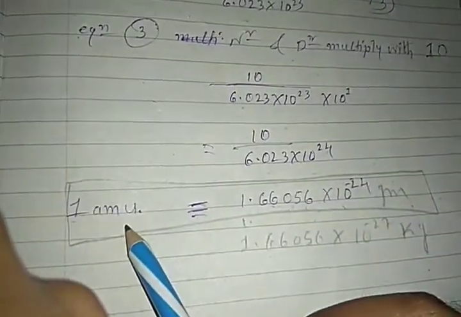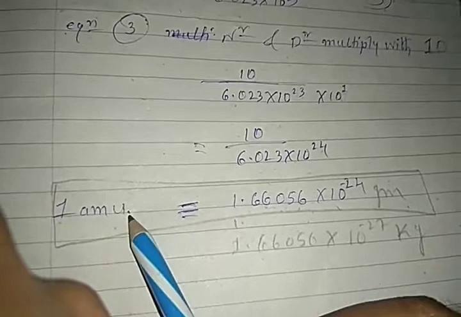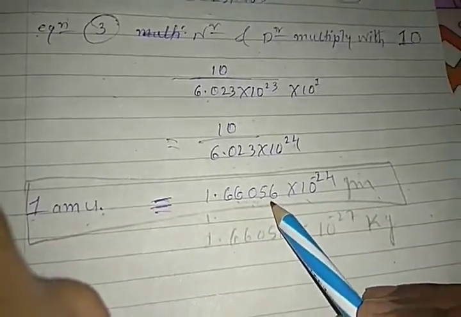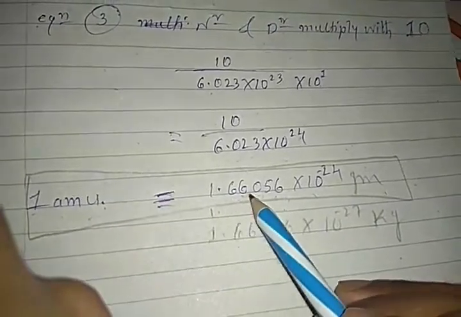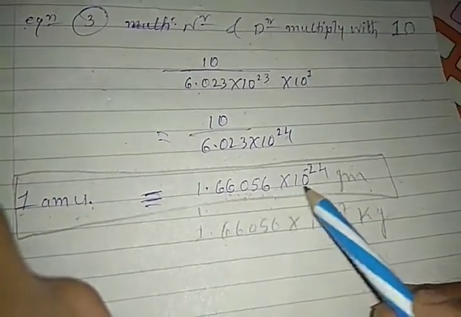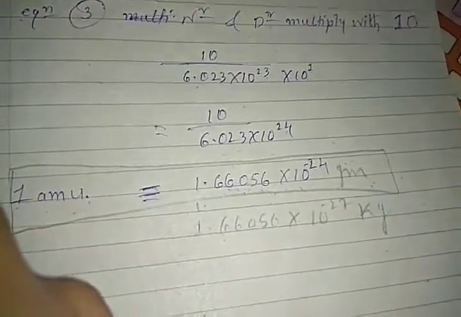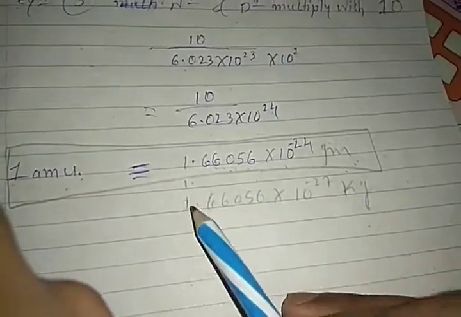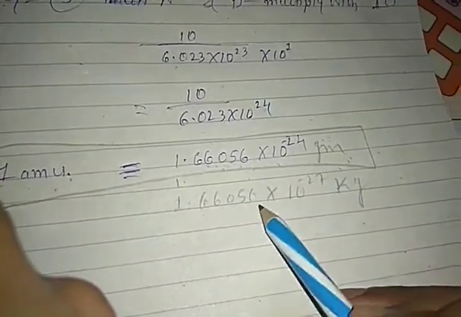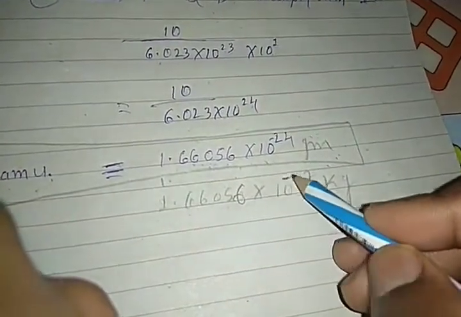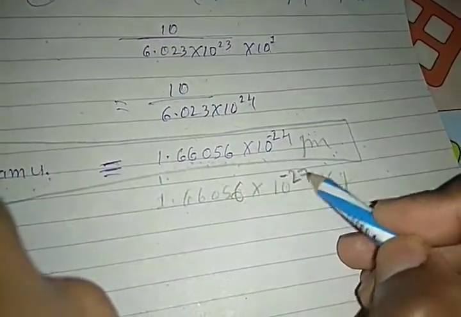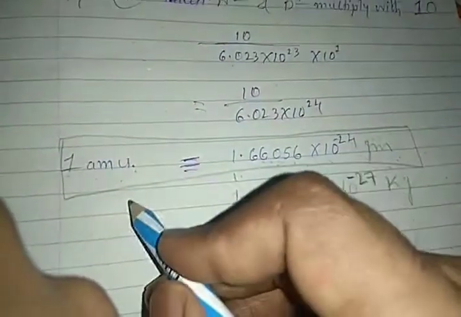So 1 atomic mass unit means 1.66056 into 10 to the power of minus 24 gram, or 1.66056 gram converted into kg, that is 10 to the power of minus 27 kg.